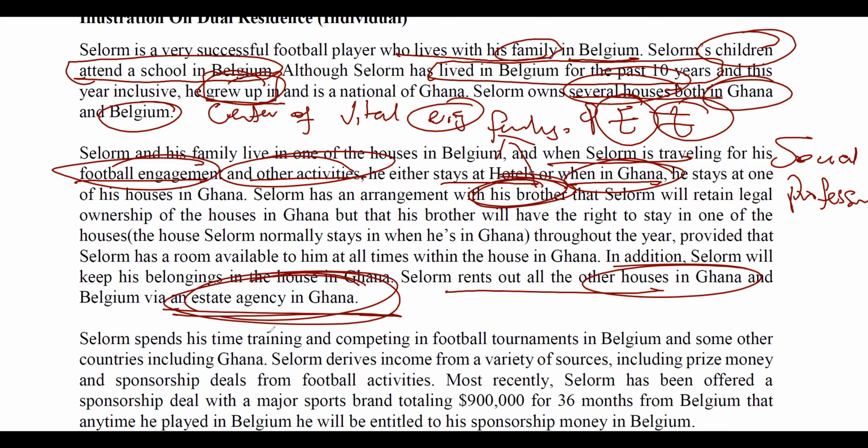You have a visa in Ghana, you have a visa in Belgium, right? You have social life in Ghana, social life in Belgium. He has his family here, family there. So this test proves inconclusive for Selom. Does that make sense? I hope that makes sense. So since the test proved inconclusive, what is the next step?